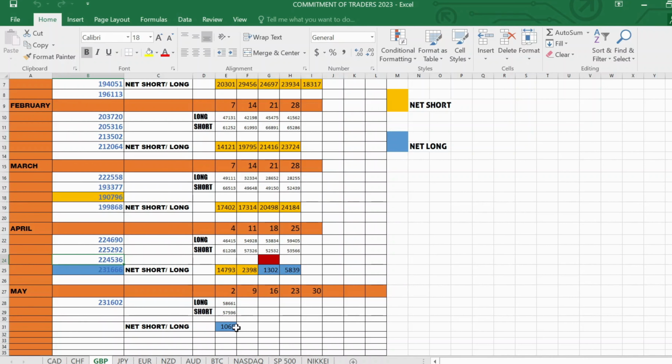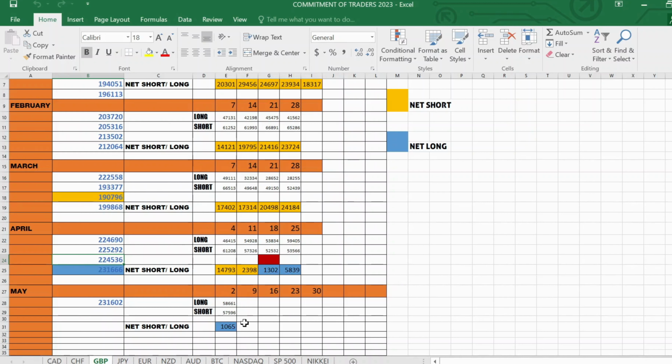So this is the difference between the long and the short. So for the latest figures on May 2nd, the longs were more than the shorts by a net positive of 10.65.